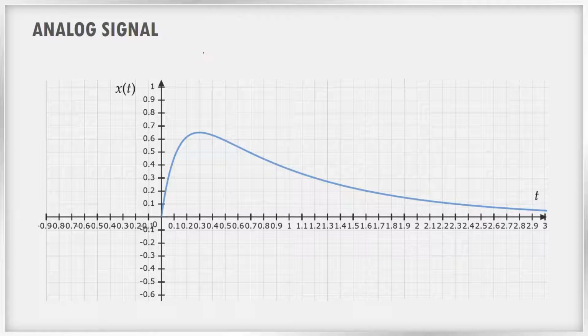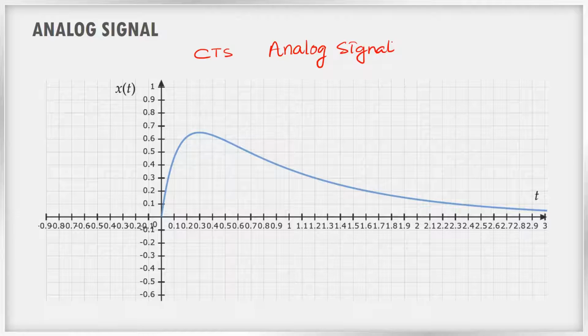We have just studied the continuous time signal. Another name for the continuous time signal is nothing but analog signal. They got the name from the earlier use of this kind of electrical signals for representing physical phenomena.